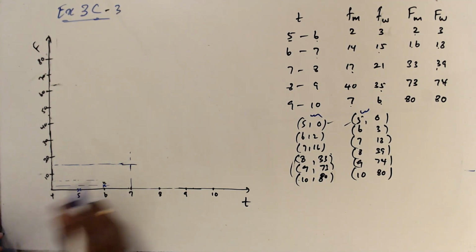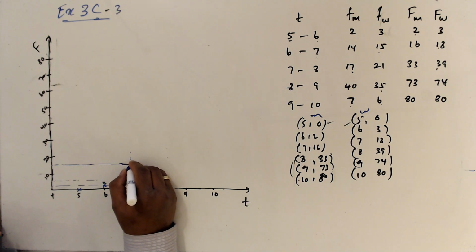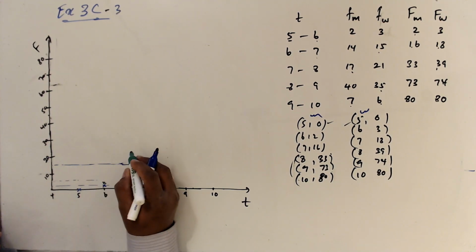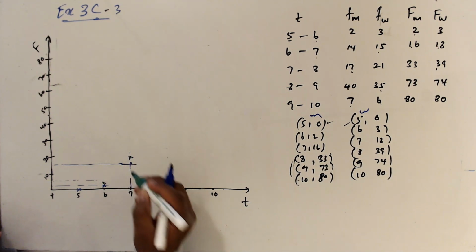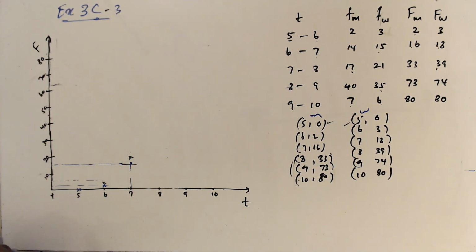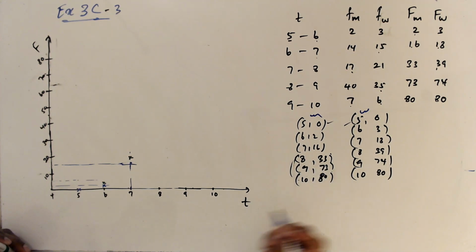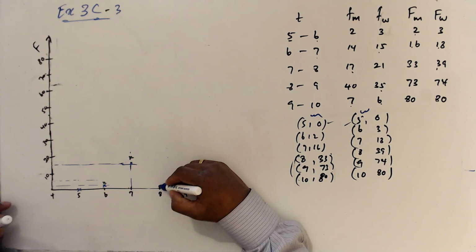So the blue graph is 16 and the green one is for ladies. And 8, 33, 39. This is 8.